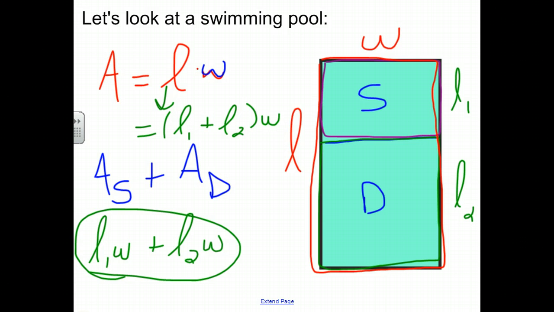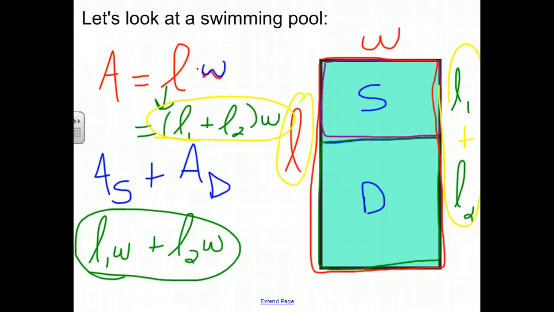Now there's something very important about looking at these two different areas of the rectangle. The overall length, which can be represented either by L or by L1 plus L2, times the width will give you the area of the swimming pool.